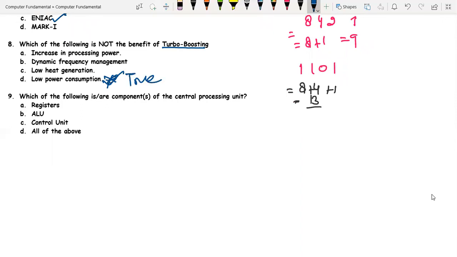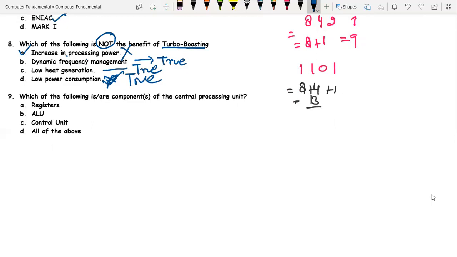If the power consumption is reduced, heat generation is also reduced, so that's also a true statement. Dynamic frequency management, that is the definition of turbo boosting. So increase in processing power is the false statement. Since in the question I put the not, this one is the answer.